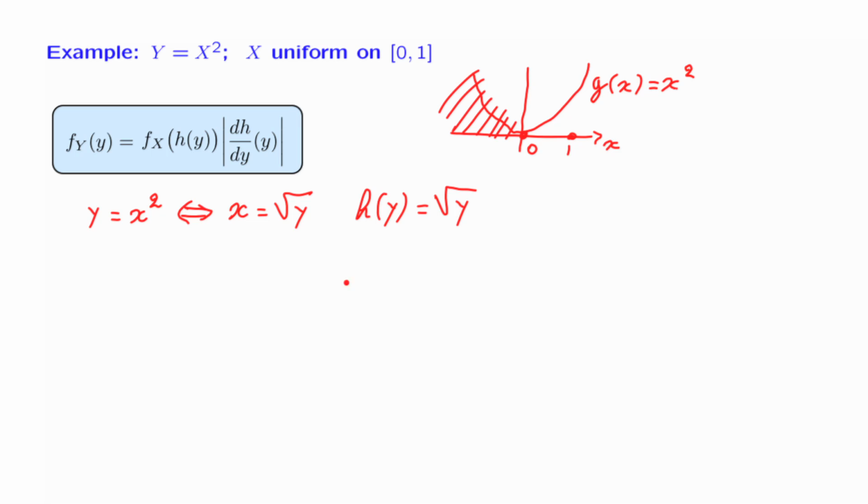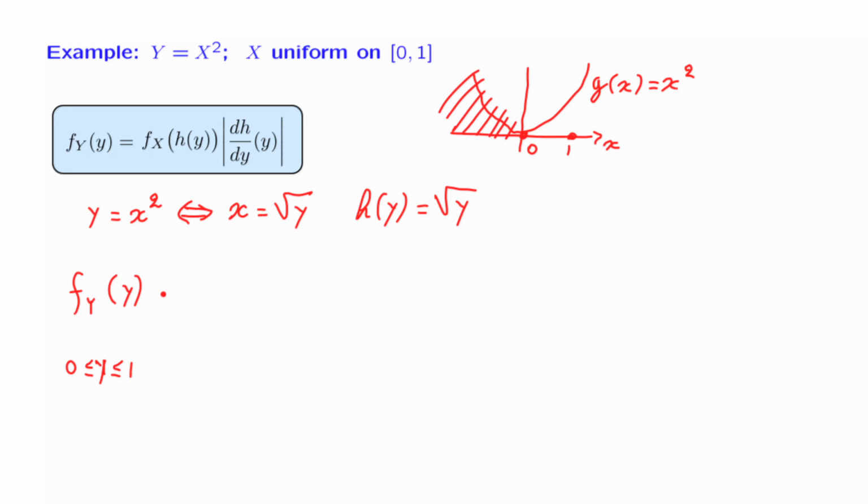So now we can go ahead and use the formula. The density at some particular little y, where that little y belongs to the range of values of interest. X takes values between 0 and 1, so y also takes values between 0 and 1.